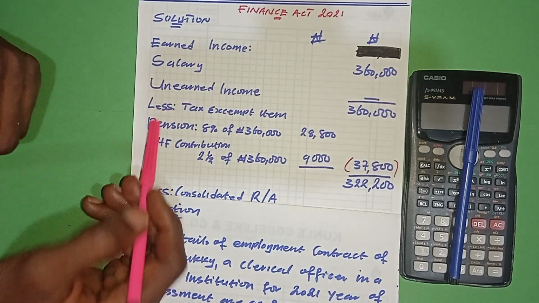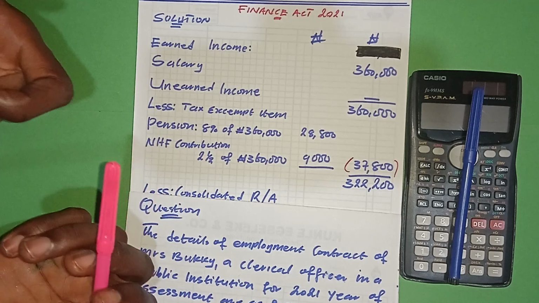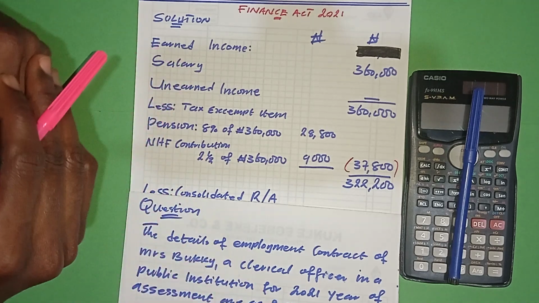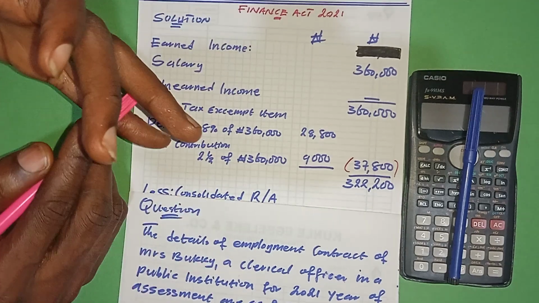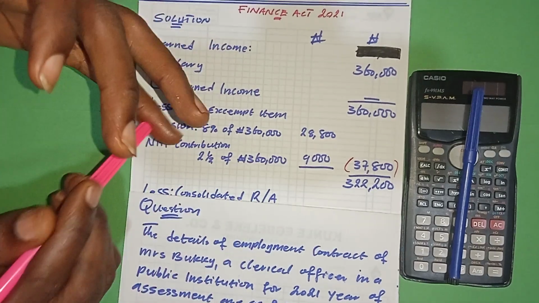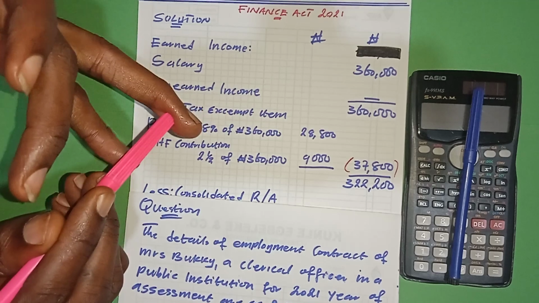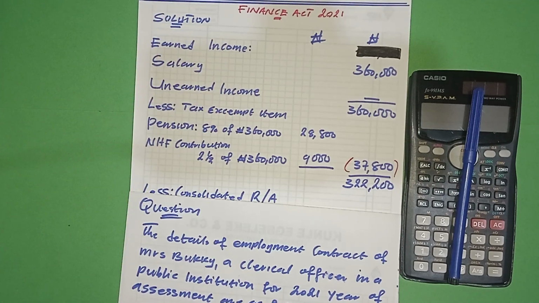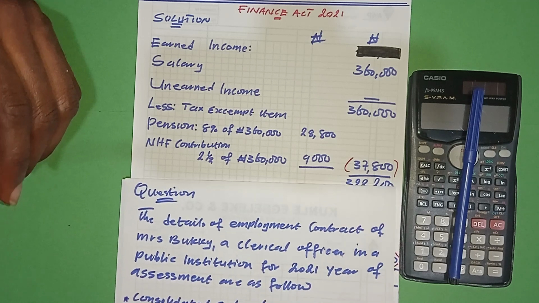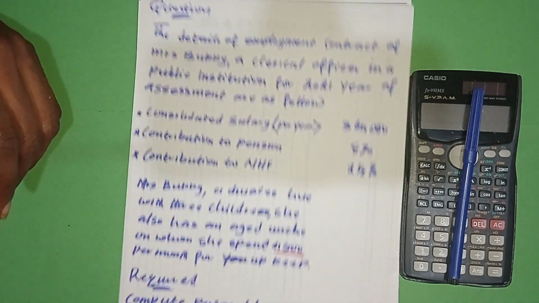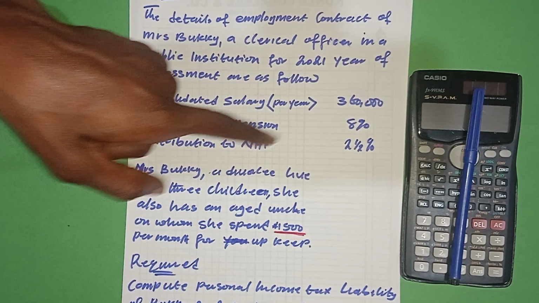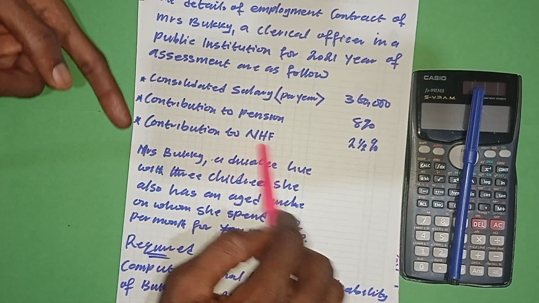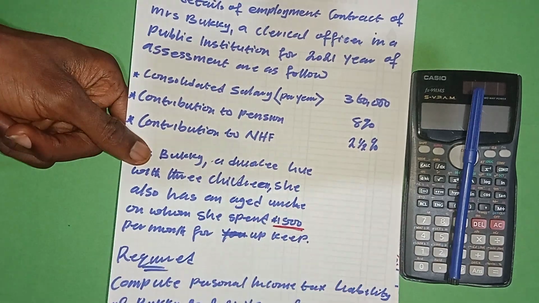Now let's continue with tax exempted items. What are tax exempted items? Your pension, voluntary contribution, NHIF, NHIS, and so on. But in this question, we have only 2 that they gave to us: contribution to pension, 8%, and contribution to NHIF, 2.5%.